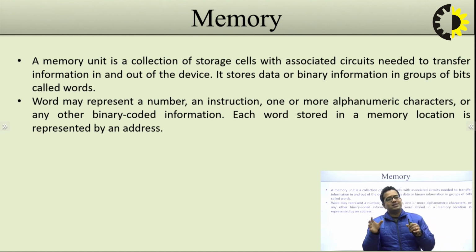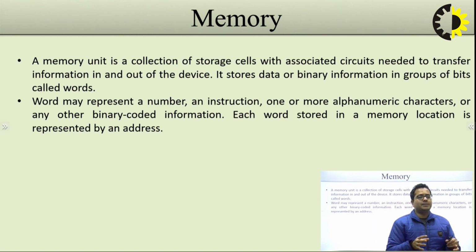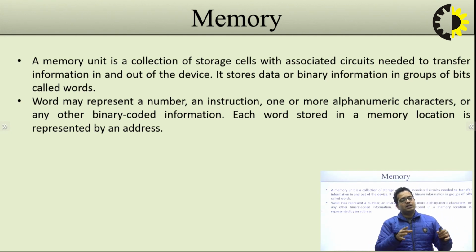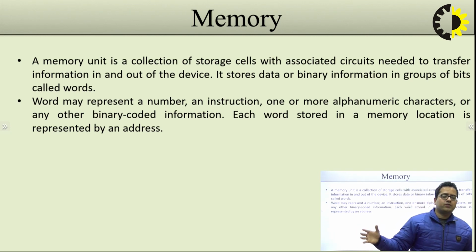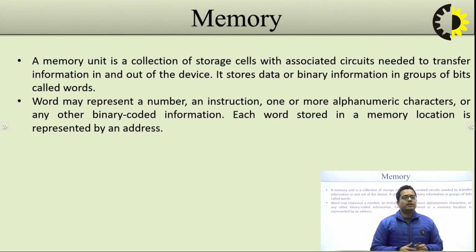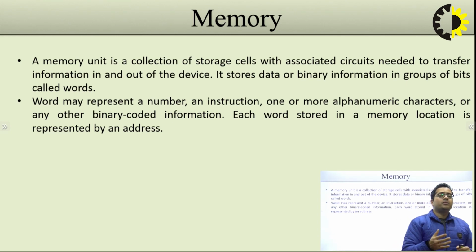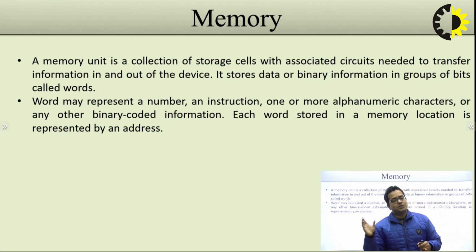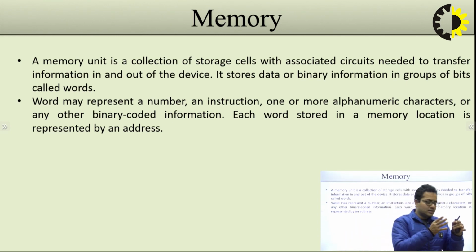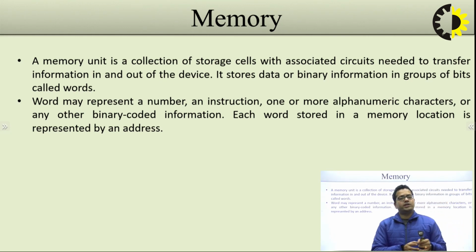So we can store a program as well as data in memory. The Harvard architecture says there is separate storage for the program and for the data, whereas the Von Neumann architecture is based on the concept of the same memory being used for storing the data as well as the program.